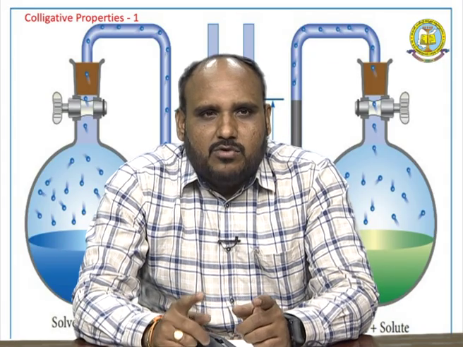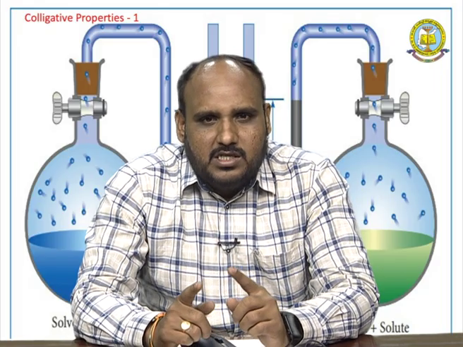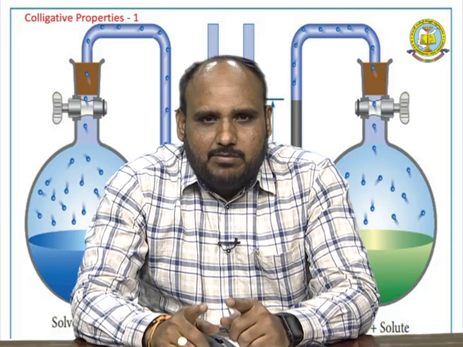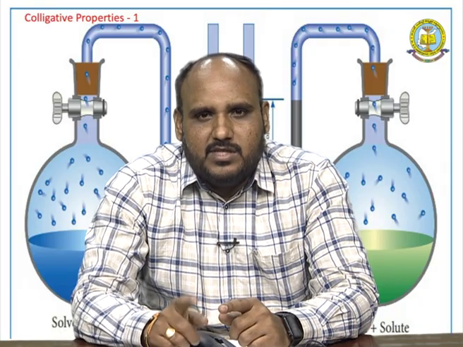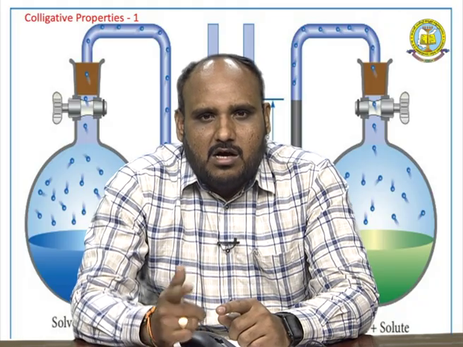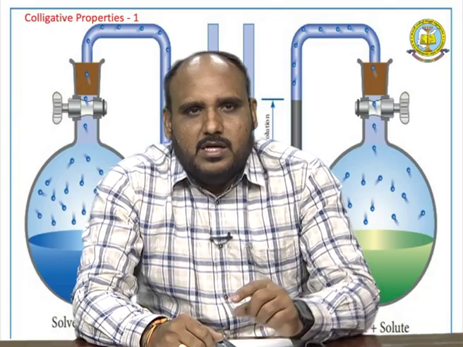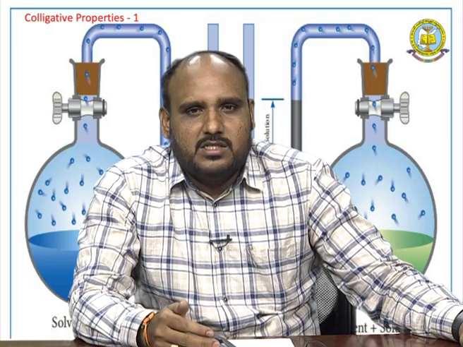One more thing: if a non-volatile solute is added to the solvent, the total vapor pressure of the solution is equal to the partial vapor pressure of the solvent only, because of the non-volatile nature of the solute. This Raoult's law is applicable for solutions.